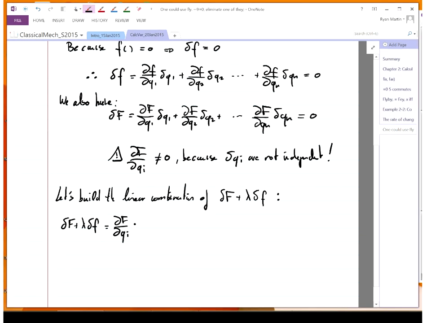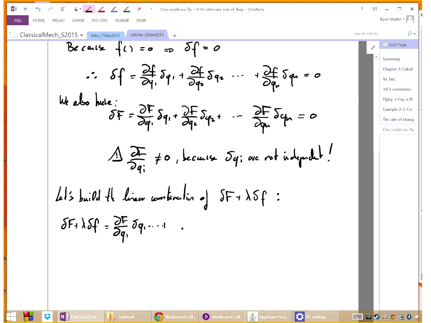So that's di capital F by di q1 delta q1 all the way to di capital F by di qn delta qn, and then plus lambda di lowercase f by di q1 delta q1 plus etc. all the way to lambda times di lowercase f by di qn delta qn.